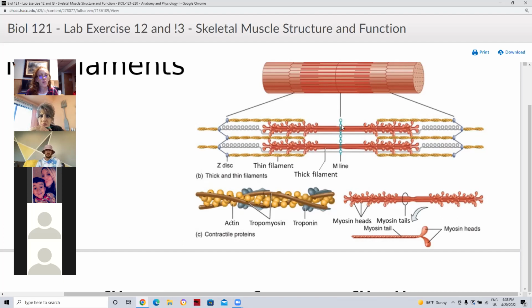That's only got the thick filament. The A band is all of this. The I band is just the thin filament with the titin, but nothing, none of the thick filament.